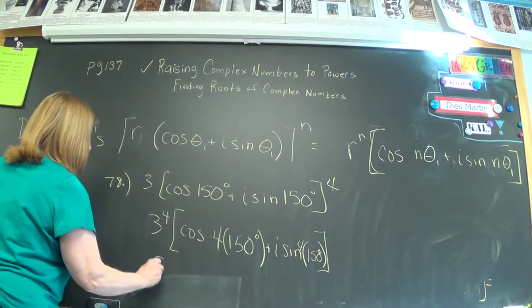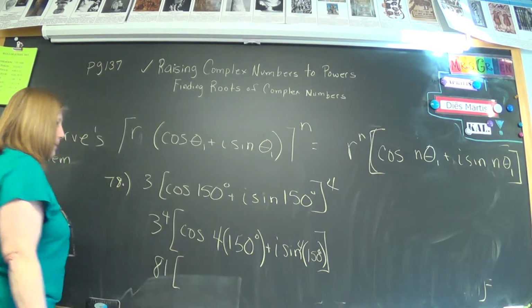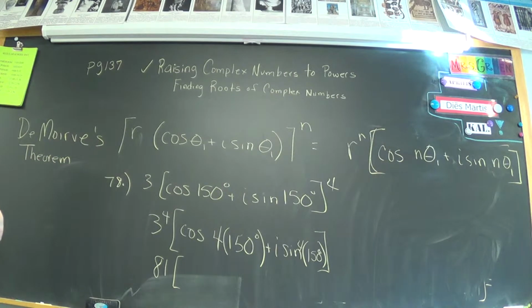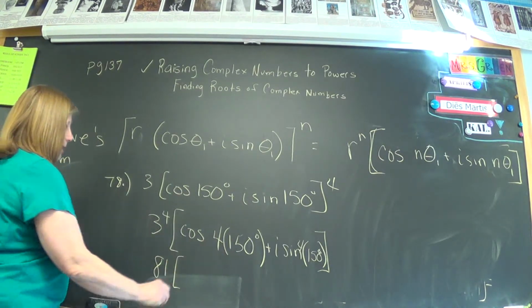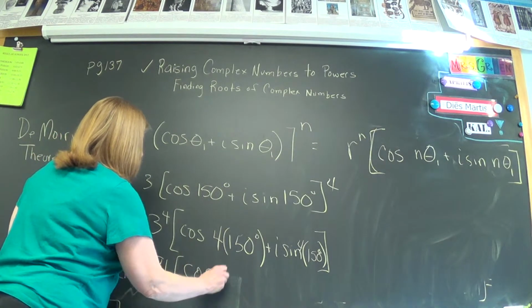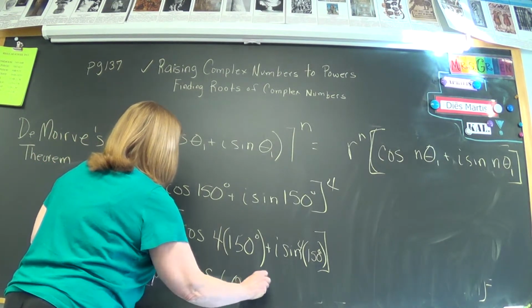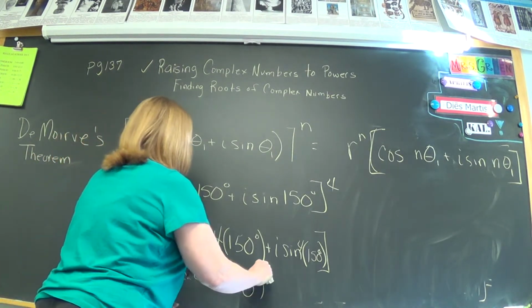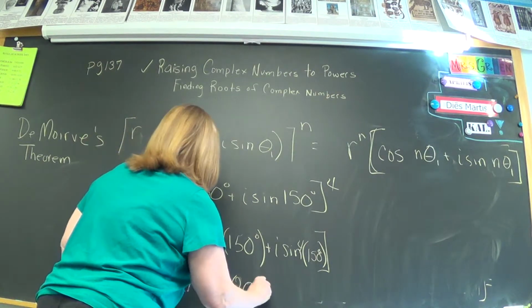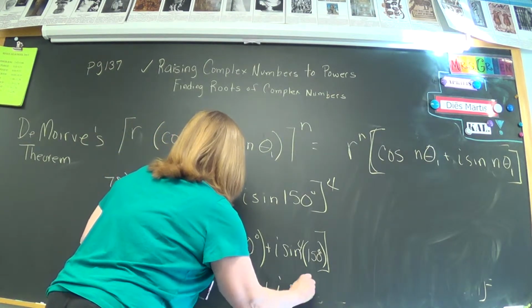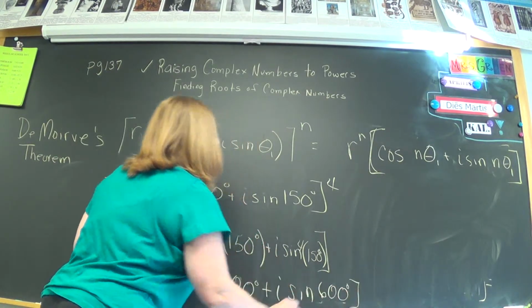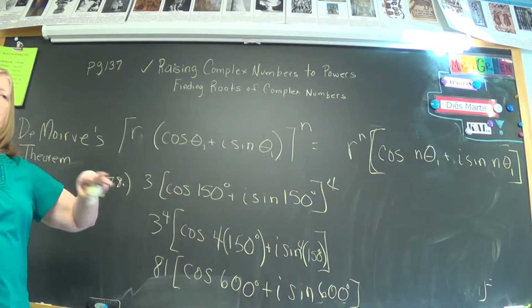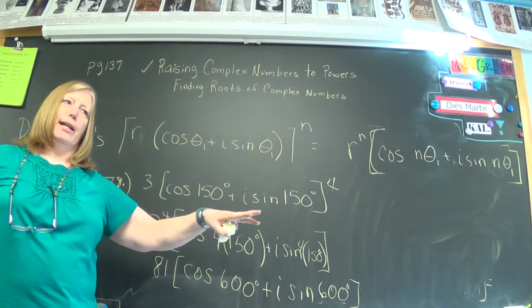Very good. 81 is the number outside: 3 times 3 times 3 times 3. So Abby, can you get us the number inside? 600. All right, 600 is not acceptable. I spoke about that in our homework today. Because it's greater than 360, we can reduce it. We want the coterminal angle that's lower. So you subtract 360.